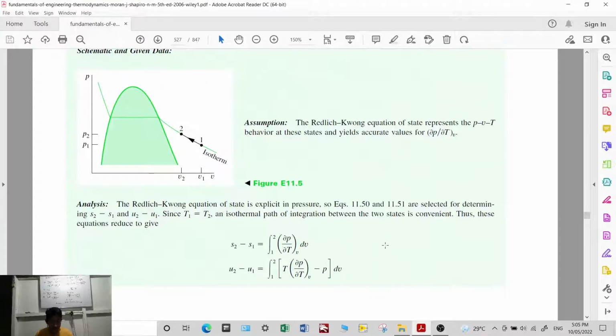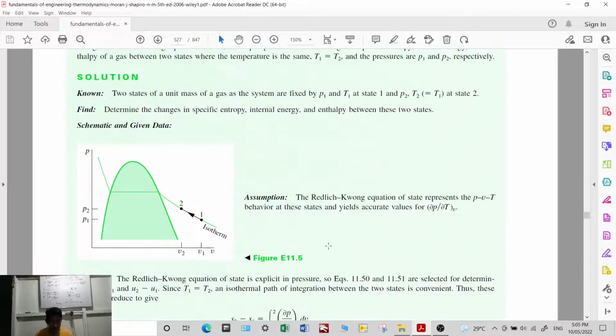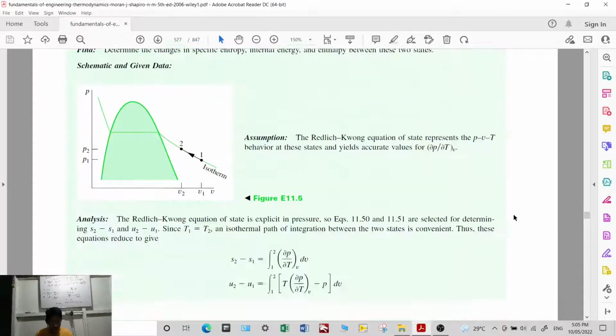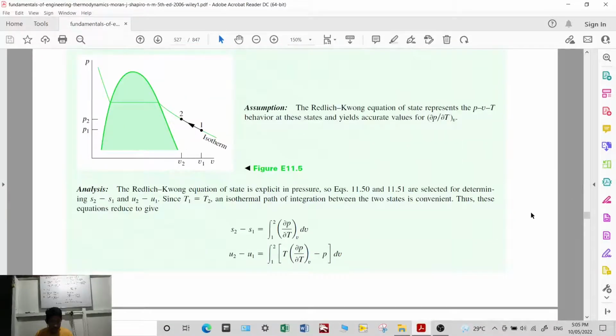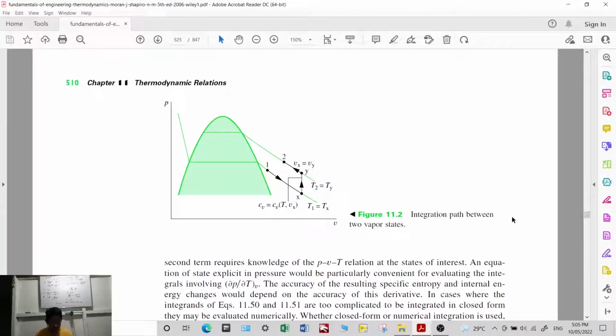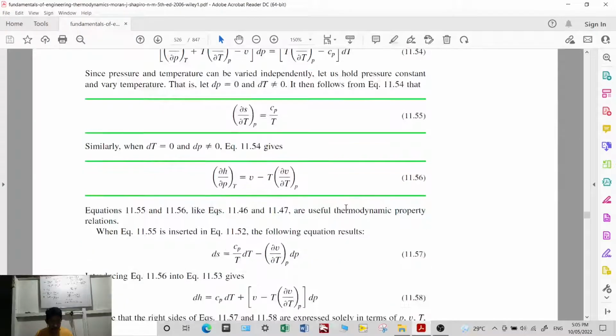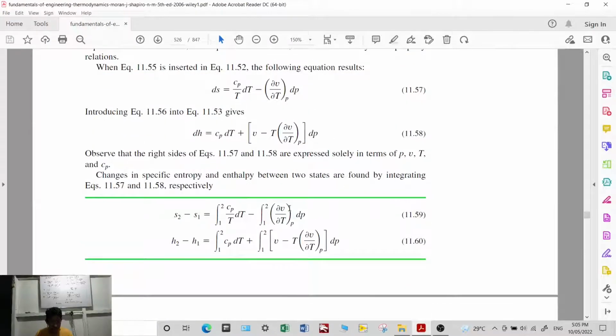Okay, so we'll use the equations for a single phase, since this is a gas. If we recall, the equation for finding the entropy is this one.